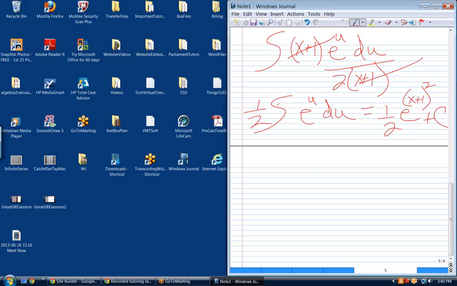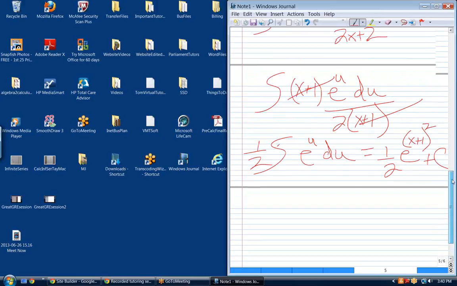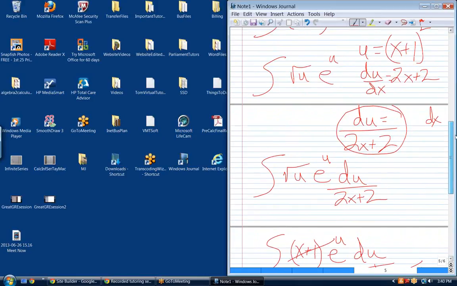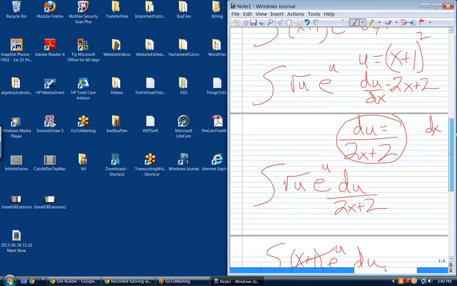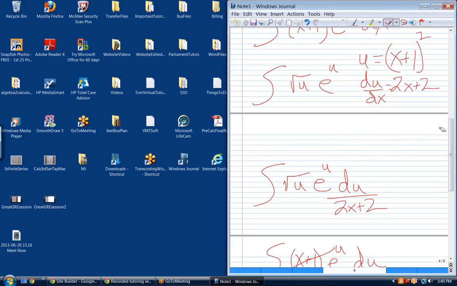Now, actually, I just remembered, I didn't need to quite do it the way I did it. I'll bet you in your class you do it this way. You've got du equals 2 times (x plus 1) dx.